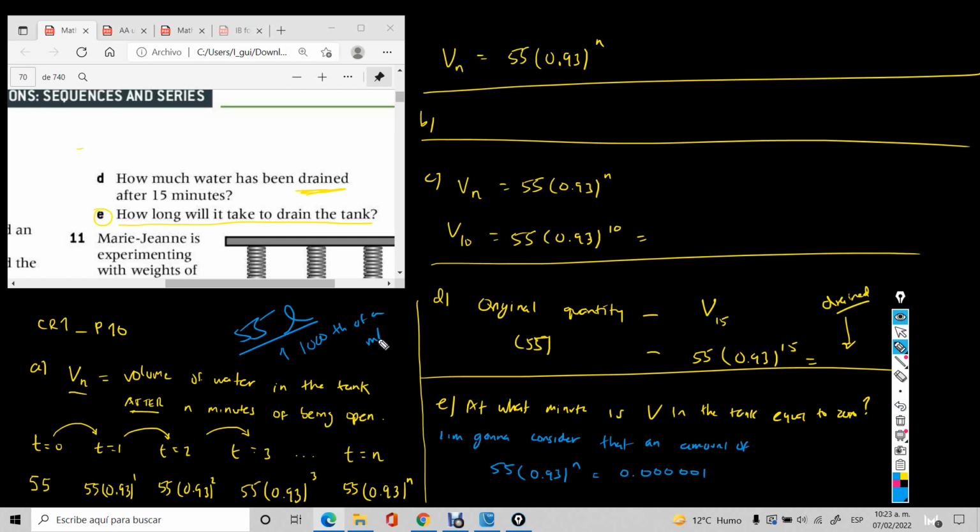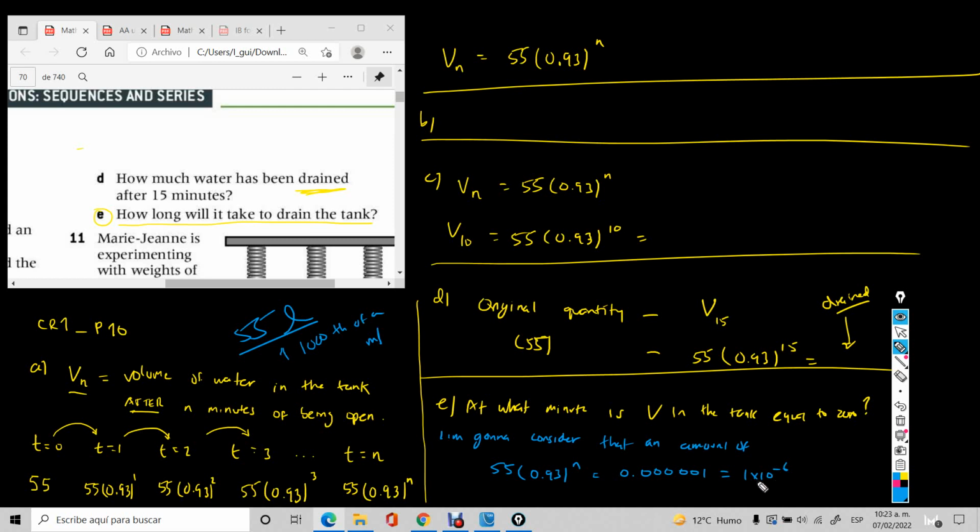This is 1/1,000 of a milliliter, or 1/1,000 of 1/1,000 of a liter. You can write it in scientific notation as 1 times 10 to the minus 6, like so.